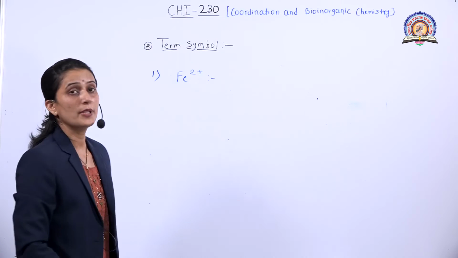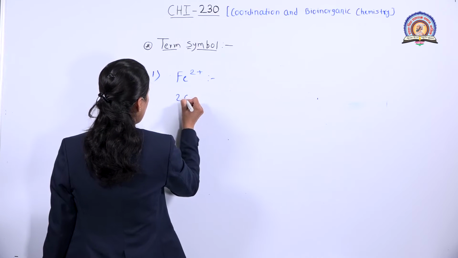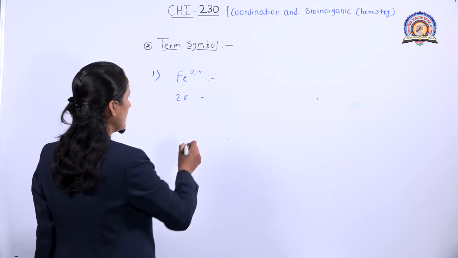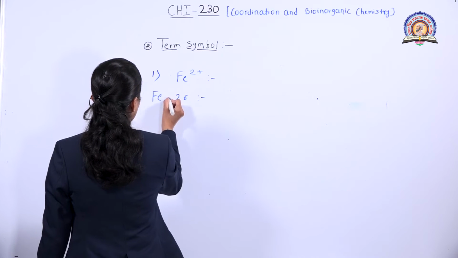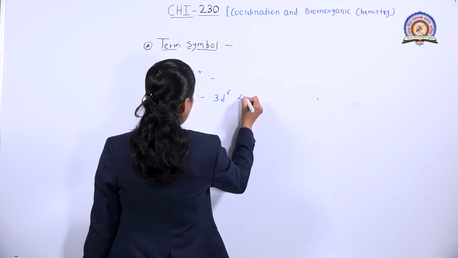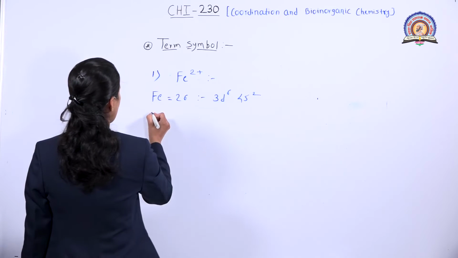We know the atomic number of Fe is 26. The valence electronic configuration for Fe is 3d6 4s2.